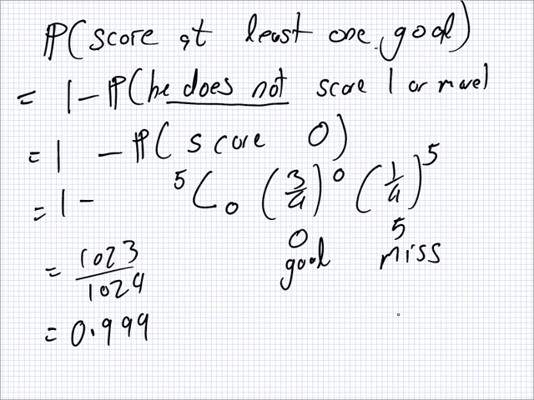Let's do one that's a bit more difficult now. So again, since we're talking about the footballer, we'll stick with the footballer. Again, 5 shots, and again, P is 3/4.